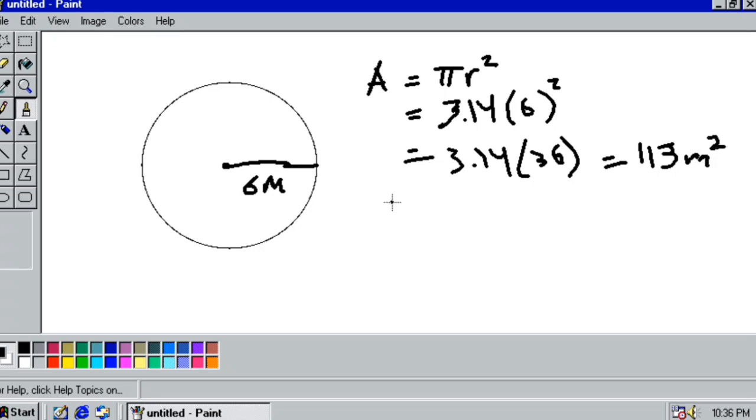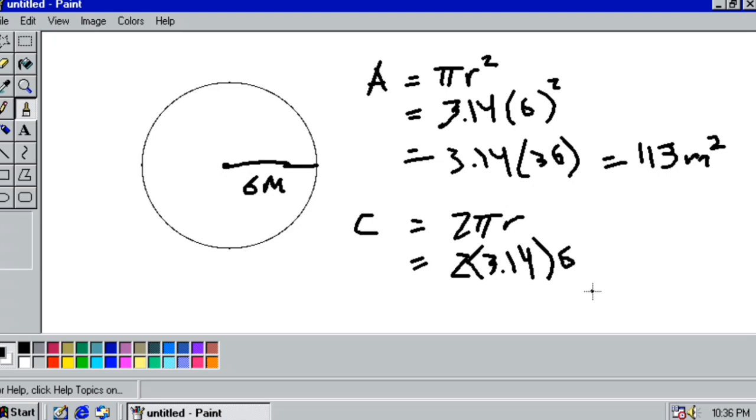Now, when we find the circumference of a circle, do you know the formula for it? It will be 2 pi r, wherein r is the radius. So 2 times 3.14 times the radius, which is 6.